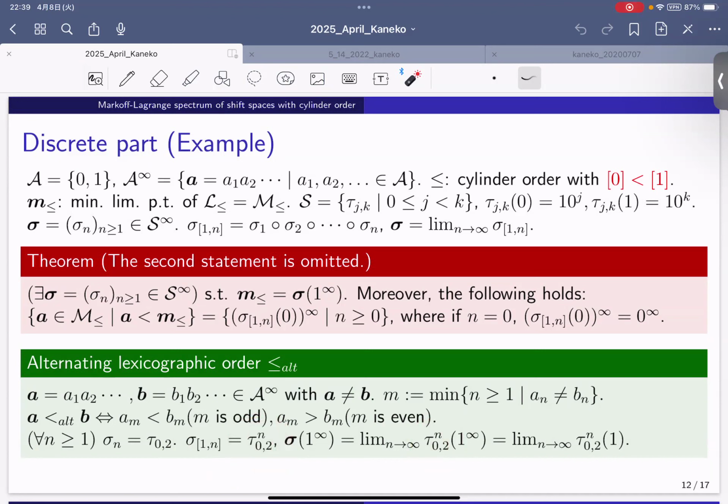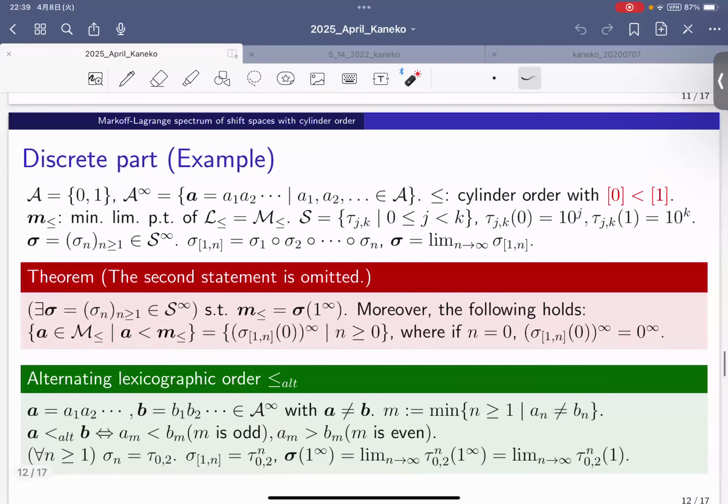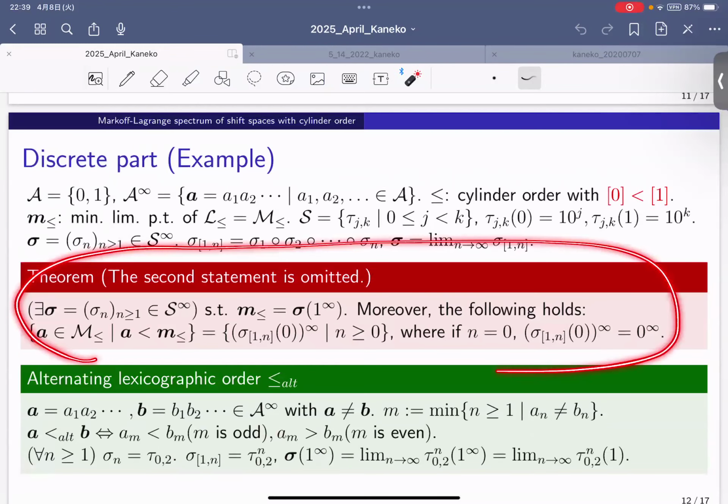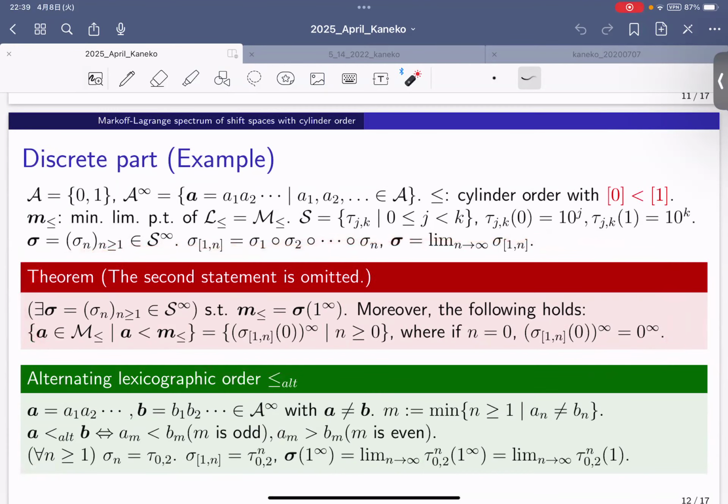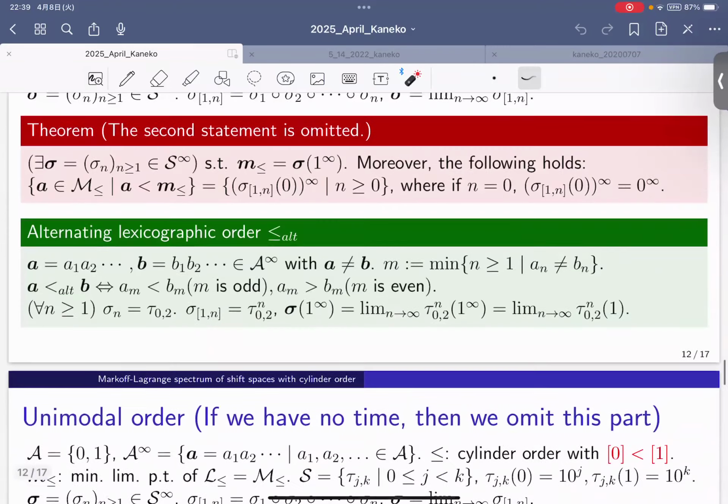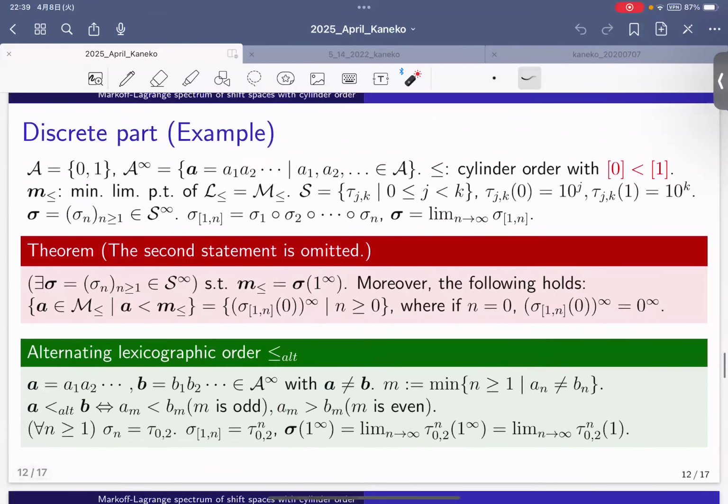It is easily shown that this one is equal to this. In some sense, this theorem is a generalization of the result of Professor Dubickas.